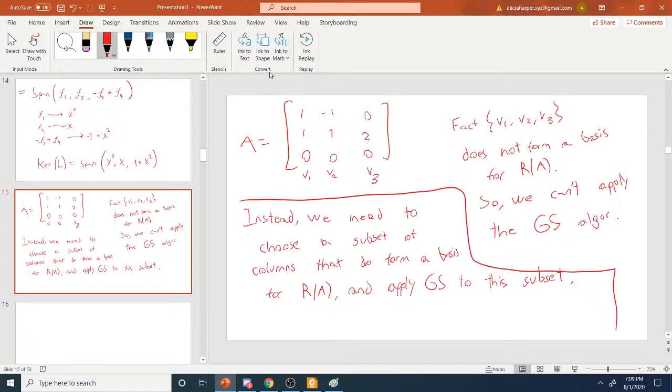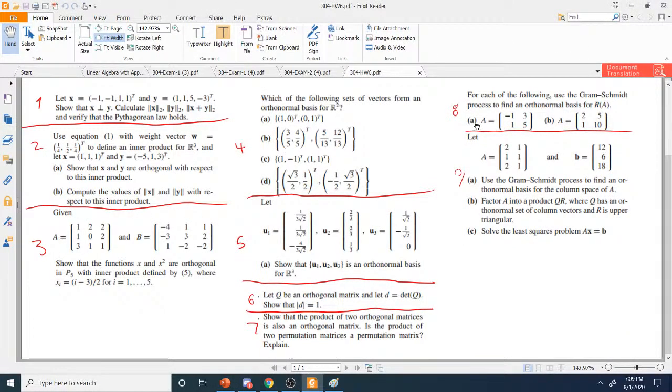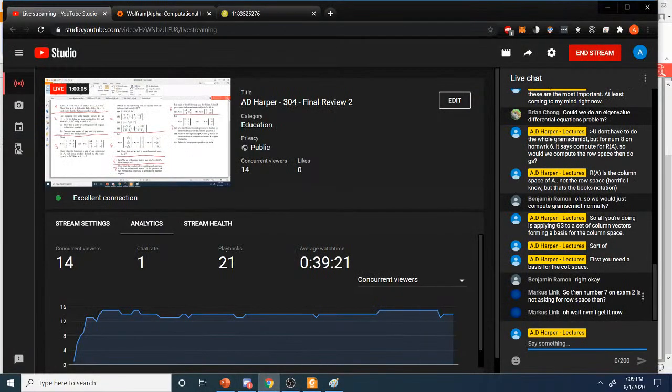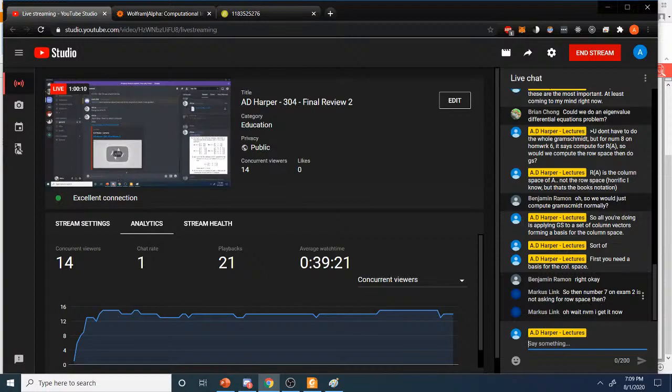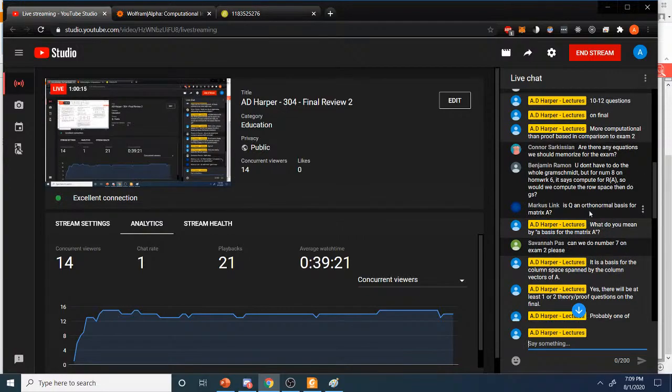So this only happens when the columns themselves don't form a basis, but it's general behavior. In the example given in problem 8, in fact, for both of these examples, the columns do form a basis, so you don't have to worry about it. But I just want to indicate what happens in general. Okay, so that handles Benjamin's question.